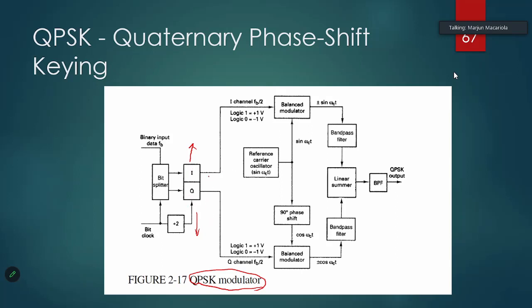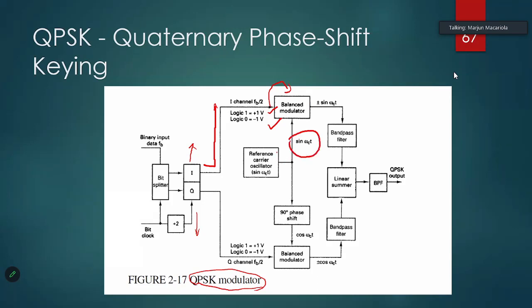Okay? So this I channel has two possible inputs, which is logic 1, which is 1 volt, and logic 0, which is negative 1 volt. Okay? So if the input has positive 1 volt, it represents logic 1. Then kapag pumasok po siya sa balance modulator, i-multiply po natin siya kay sin omega ct.